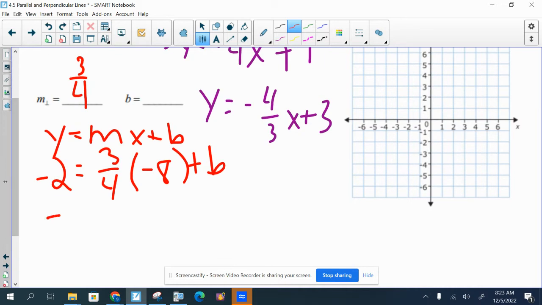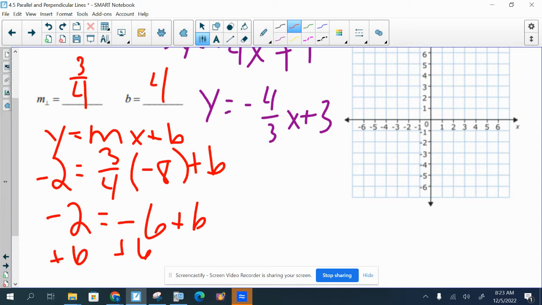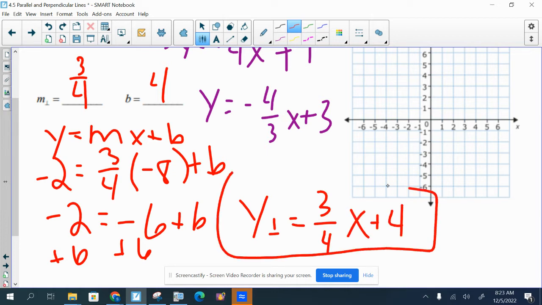And then negative 2 equals, that would be negative 6 plus b. Add the 6 over, and you get 4. So y perpendicular equals 3/4 x plus 4. And I will let you graph the line, both lines.